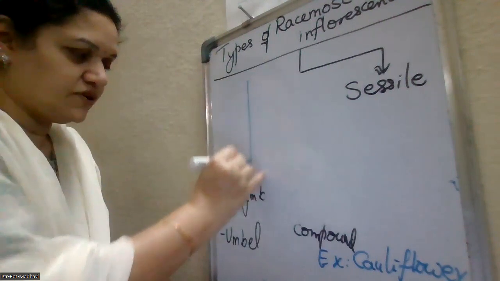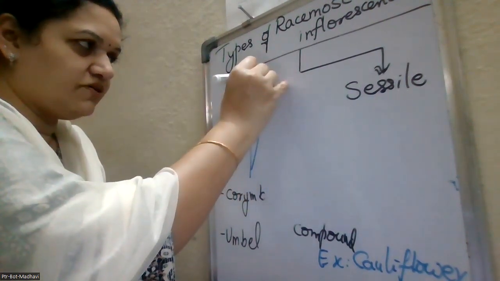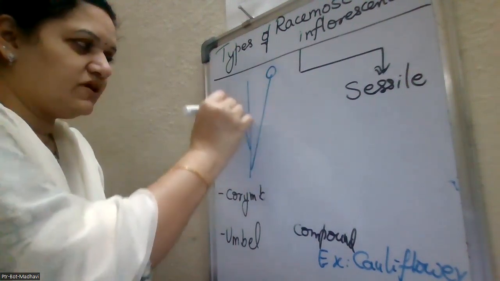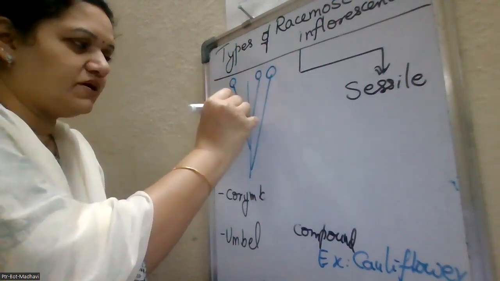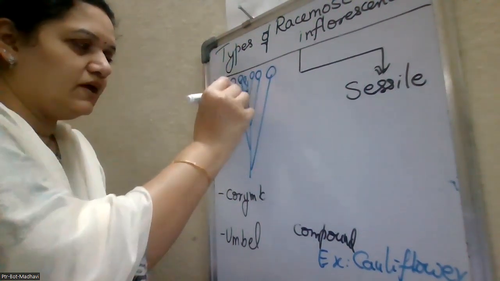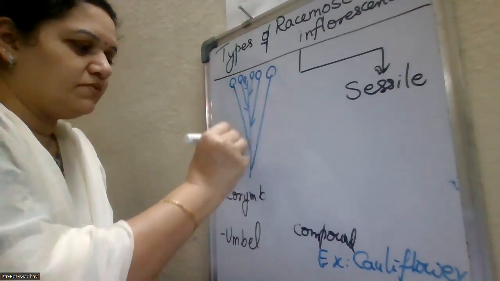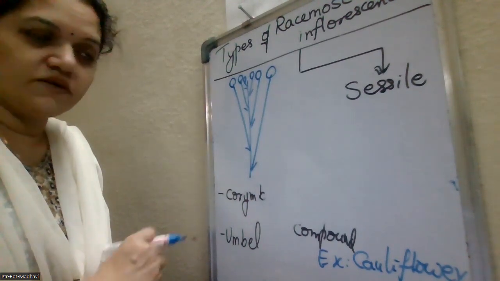If this is the inflorescence axis, on this, the flowers are having different lengths of the pedicel and attain the same height at the tip. And all the flowers are bracteated, pedicellated. This is the simple corymb.